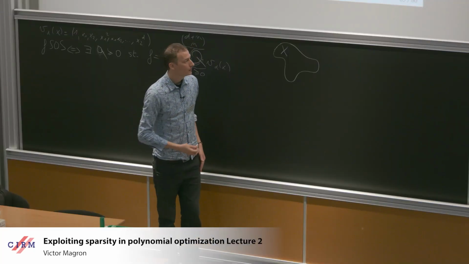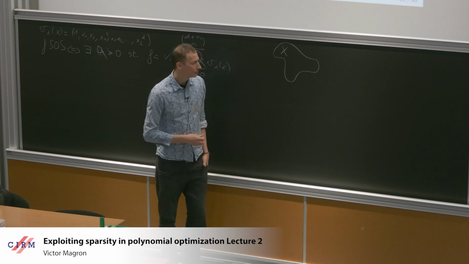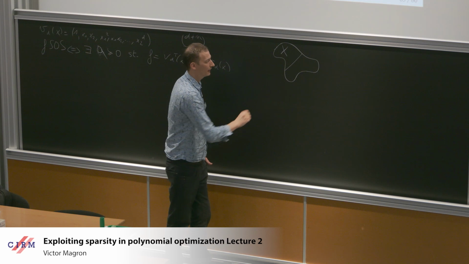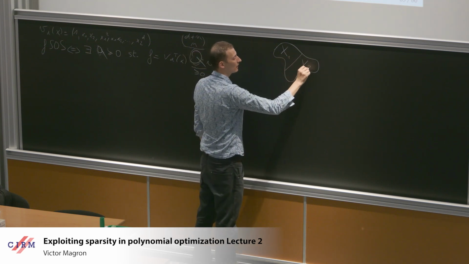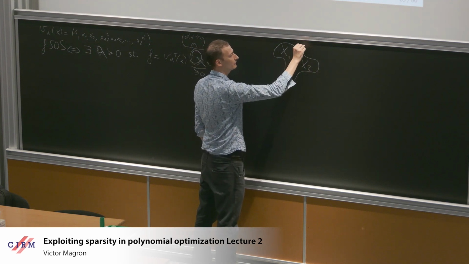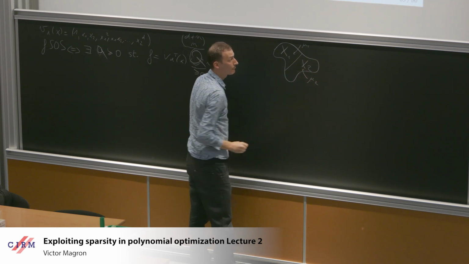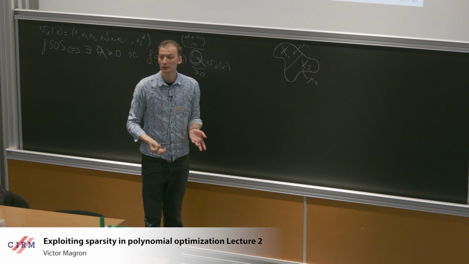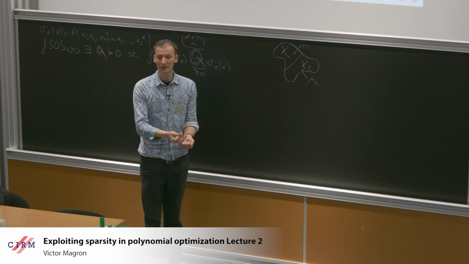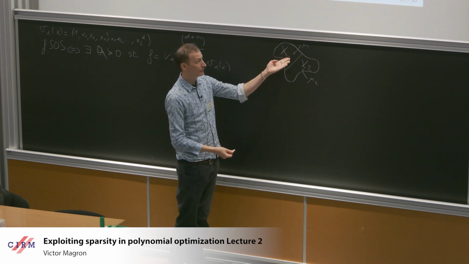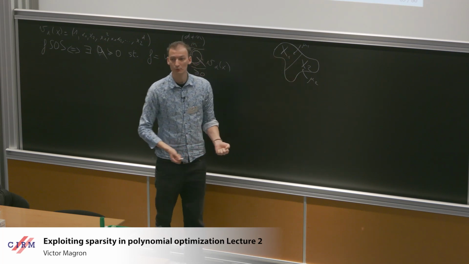Okay? But now you can say, okay, I will cut my support in two, and I will take a measure supported here, and I will take a measure supported here. And the solution will be the same, but the relaxation will be stronger because you actually add more variables, so you are meshing your support.